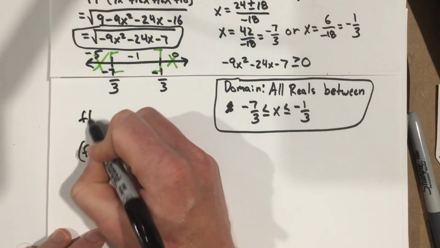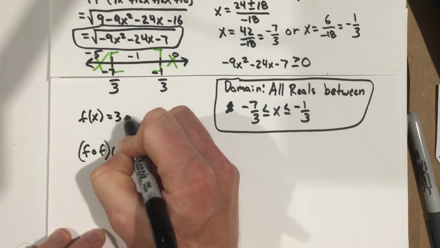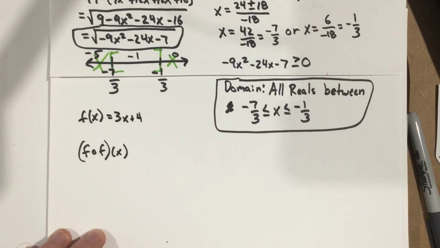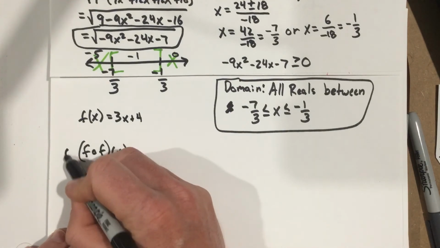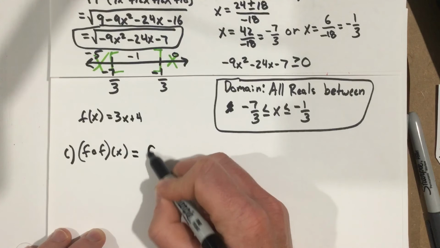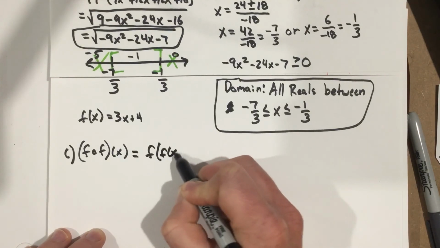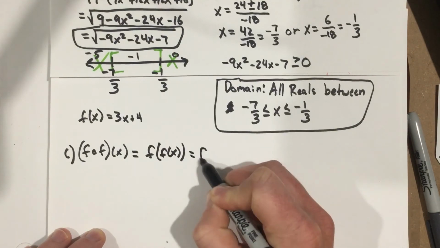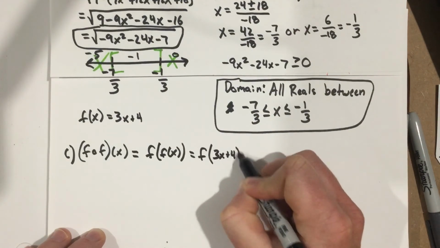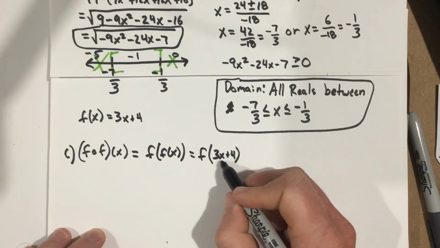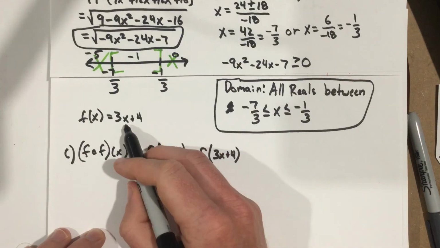So f of x is 3x plus 4. So we're going to say that f of x, and this is part C, is f with an input of f. So it's f with 3x plus 4 input in. We're going to plug the 3x plus 4 in for x.